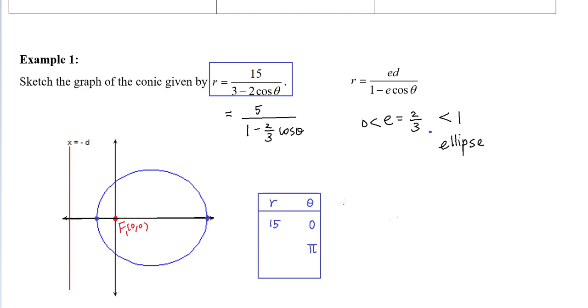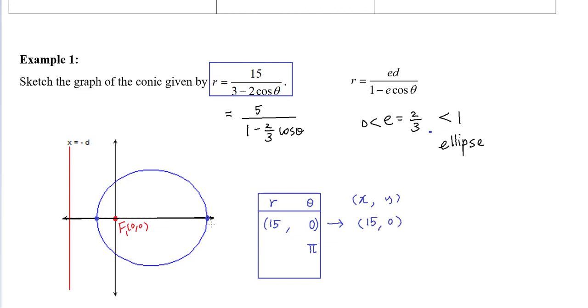And so if I convert this r, theta point to an xy point, knowing that it is on the positive x-axis with a distance of 15 from 0, 0, you can imagine it's simply 15, 0 in xy coordinates.